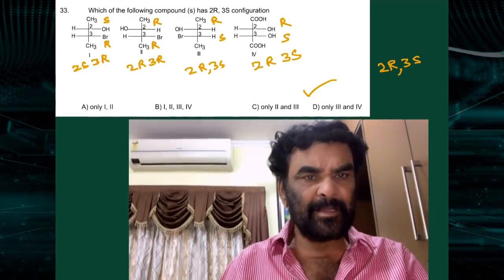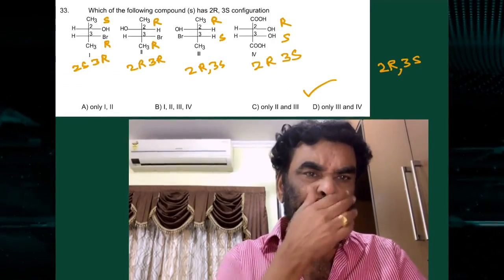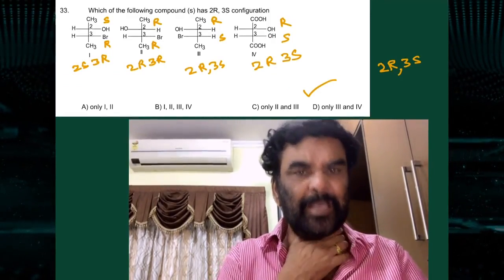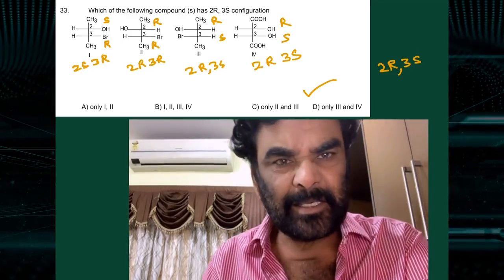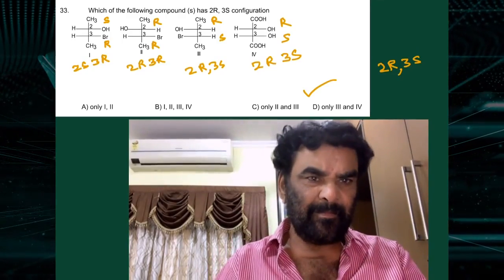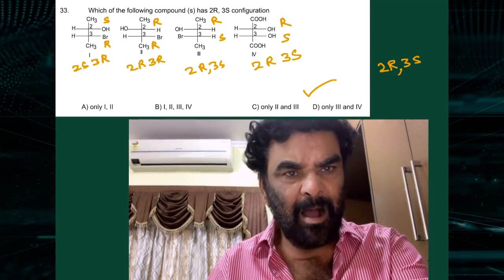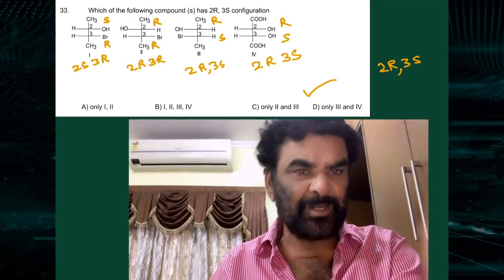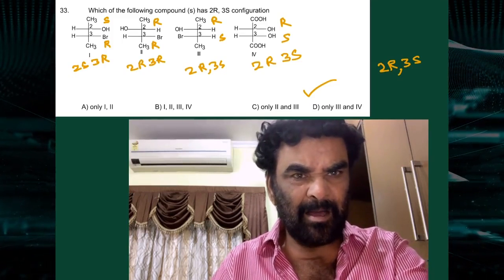Next one is asking which of the following compounds have 2R, 3S. He only designated the centers. This is SR. This is RR. You check the configuration. RS is required.